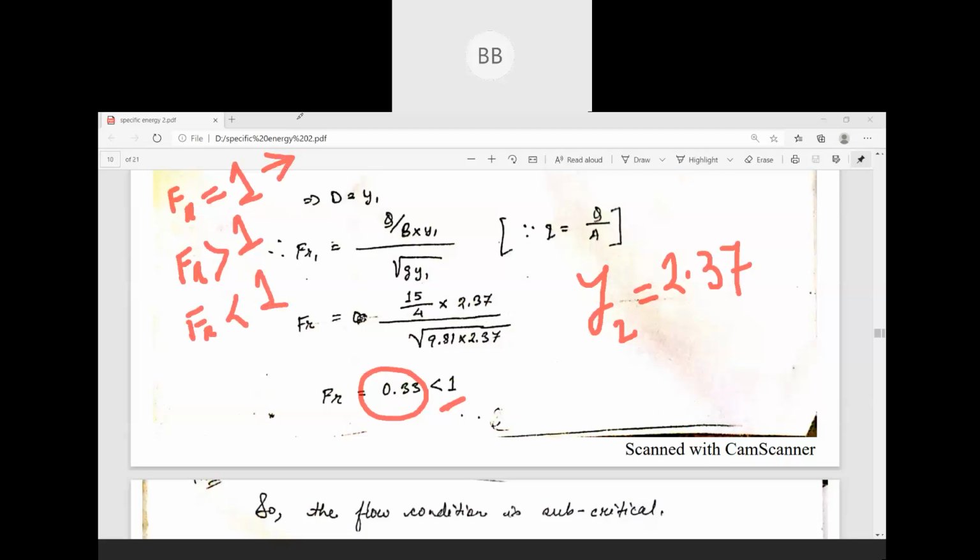This is for Yc, the critical depth of flow. This is for depth of flow less than Yc, and this is for depth of flow greater than Yc. So this is critical flow, this is your supercritical, and this is your subcritical.